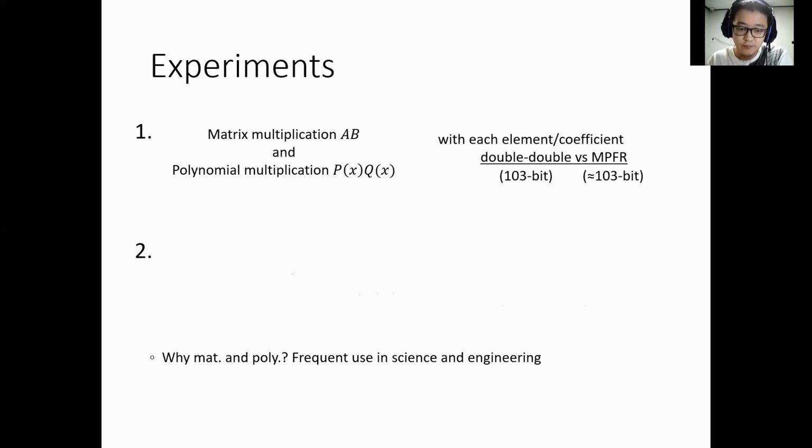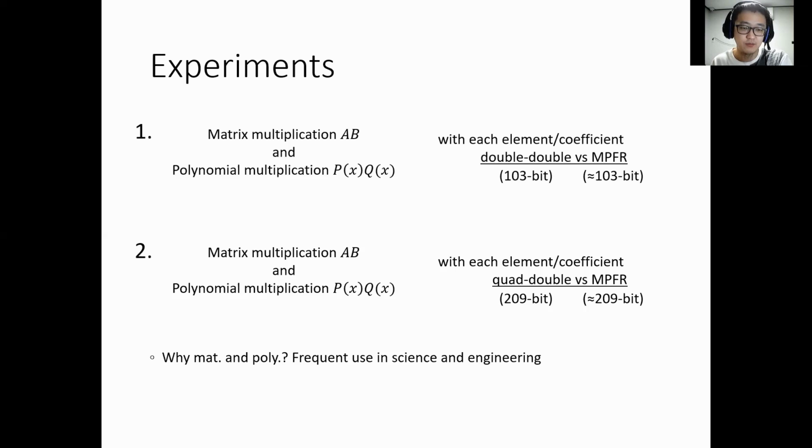Okay, some may wonder why we have used matrix multiplication and polynomial multiplication. Well, we want iRRAM 3 to be used in practice, so that's why we have used matrix and polynomial multiplication, which are frequently used in science and engineering.